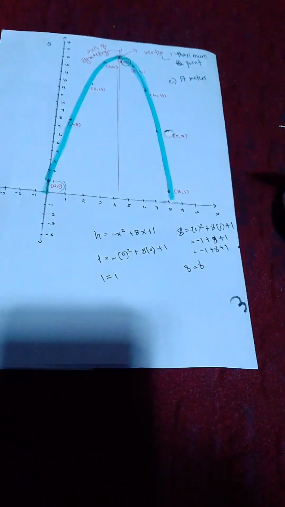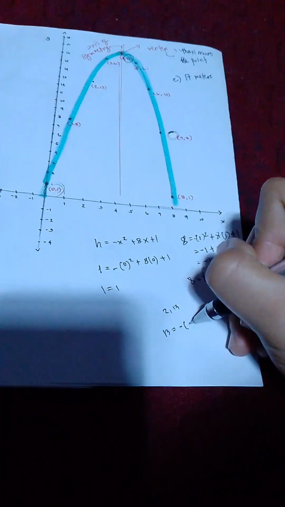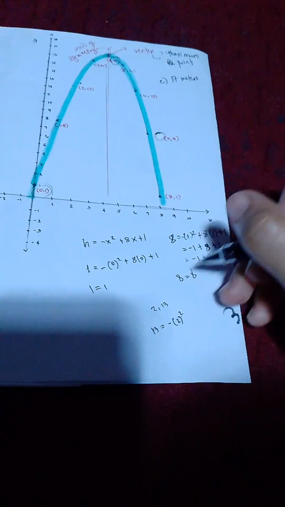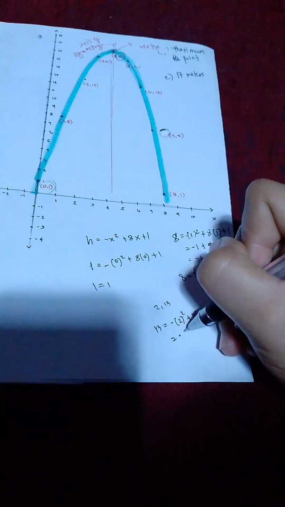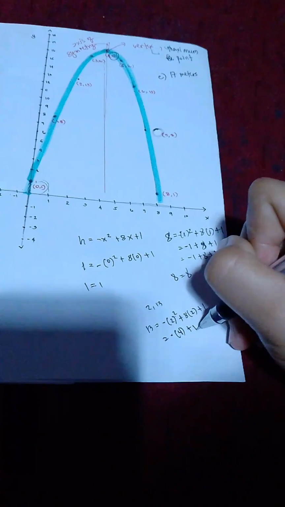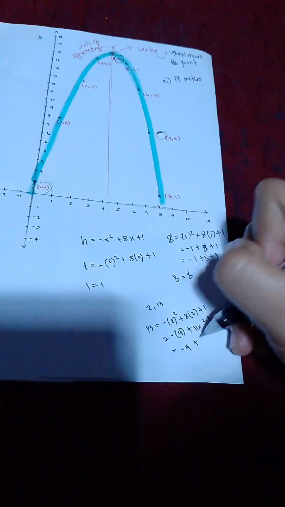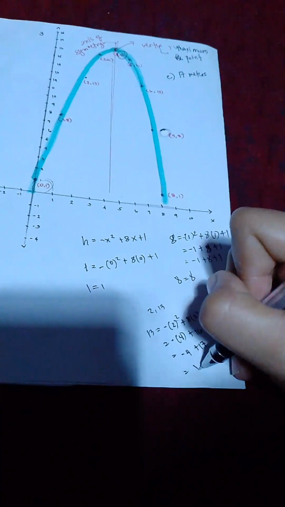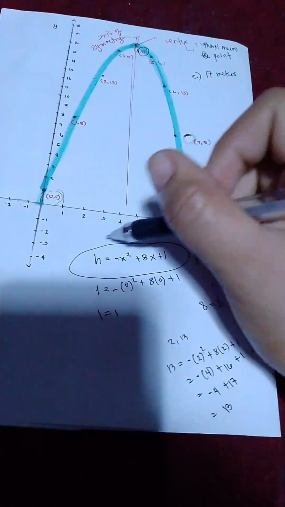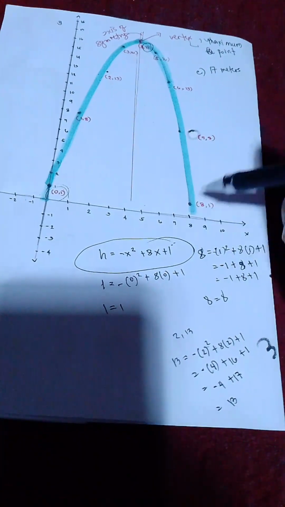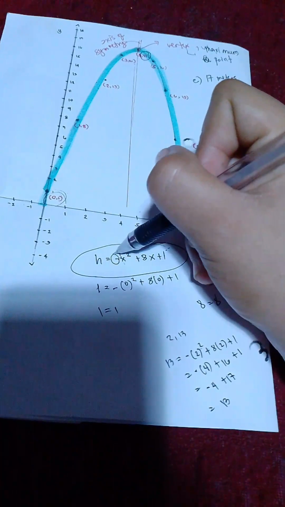Next, when x is 2, h is 13. So 13 equals negative 2 squared plus 8 times 2 plus 1, which is negative 4 plus 16 plus 1, so negative 4 plus 17. The answer is 13. So this can be a model to represent this graph, but take note it has a negative.